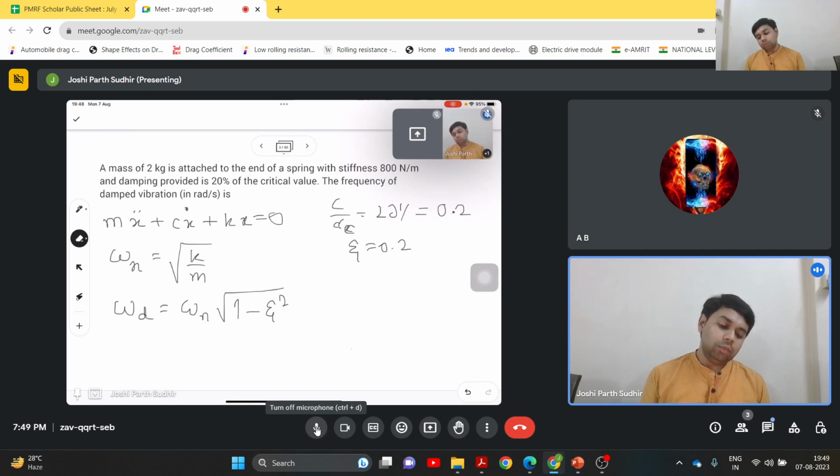So we know omega n. Omega n is basically square root of 800 by 2, with 2 kg mass and stiffness of 800 Newton per meter, which is square root of 400, which is 20 radians per second.